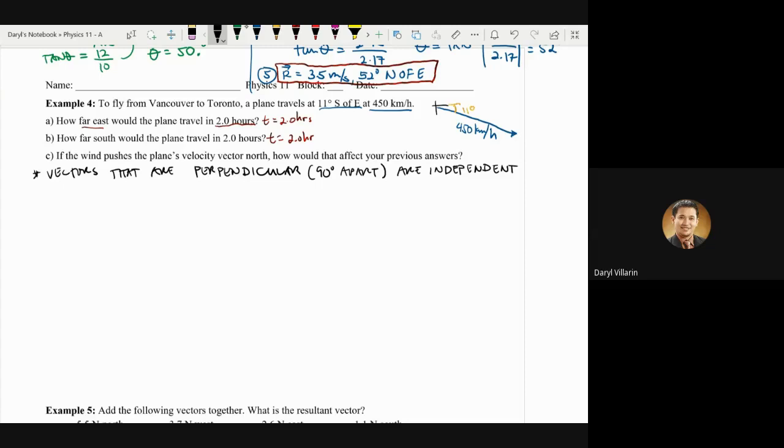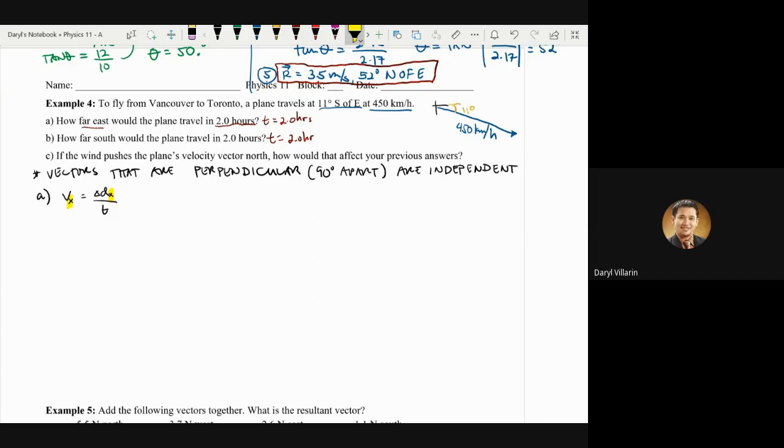Therefore, the distance traveled east depends only on the general formula of velocity, which is vx equals delta dx over t. Velocity along x means you're just talking about the displacement along x.